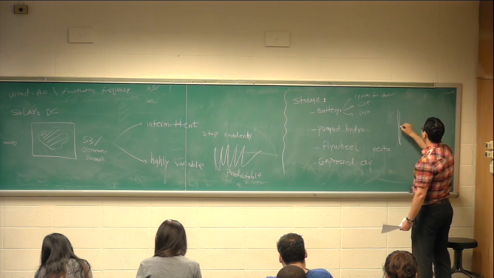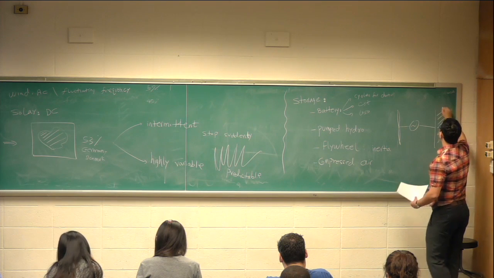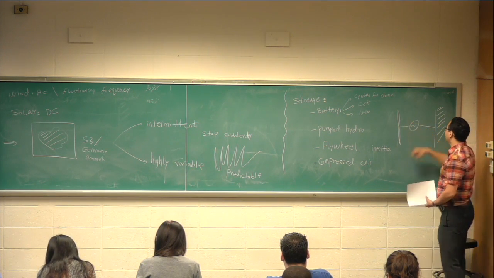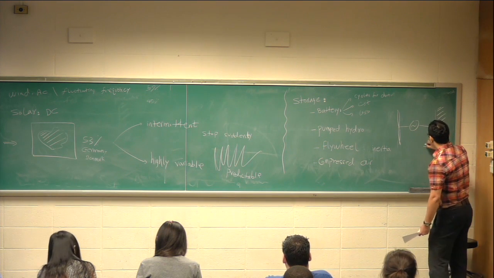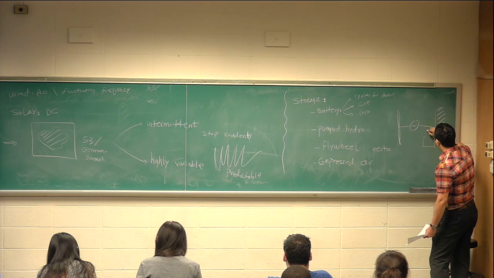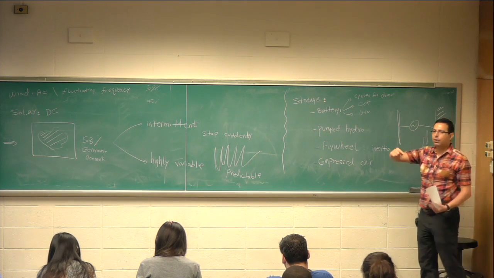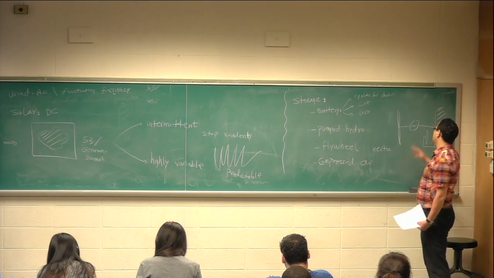Wind is coming. This is a generator connected to the grid. This gives us a lot of fluctuation. And if I want to kill that fluctuation, maybe I can do something here. What if I have a rotating disk which is very heavy? It's like a truck.